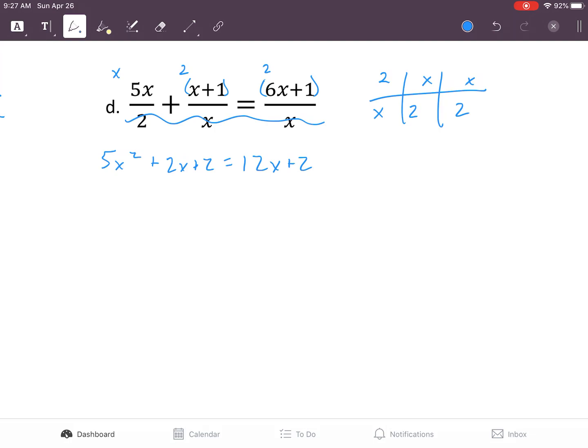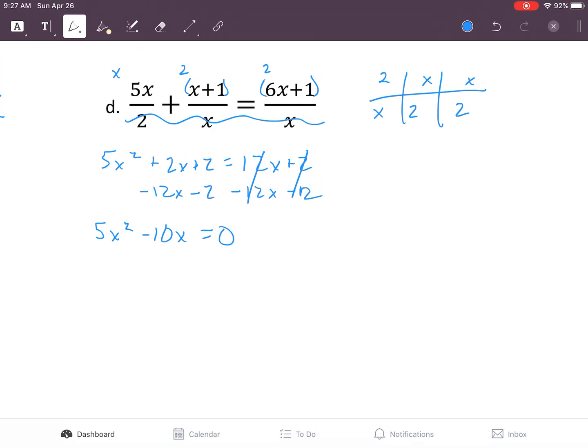So next, we're going to get all the terms on one side. I'm going to subtract 12x and subtract 2. So that will go away. So I get 5x squared minus 10x. And then 2 and negative 2 cancel out, so I'll just equal to 0.